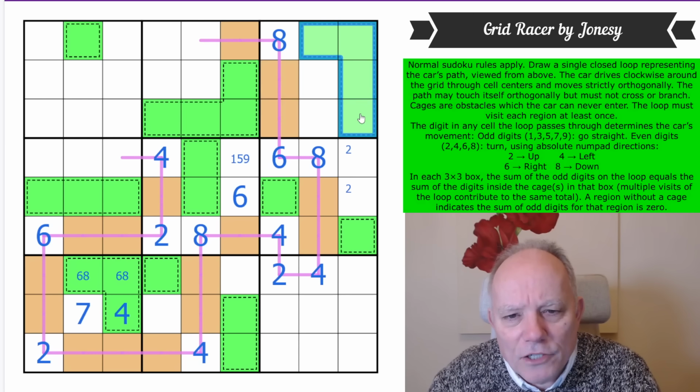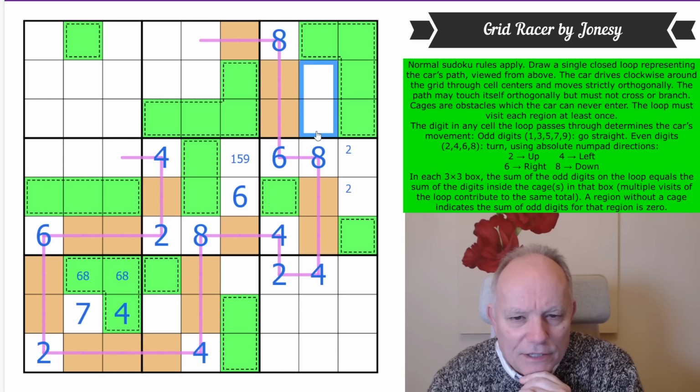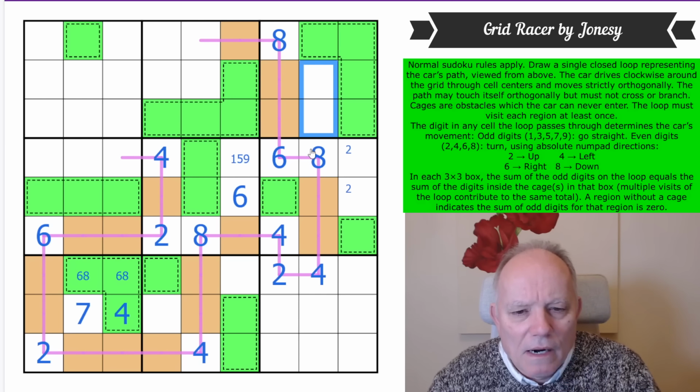So this pair is going to be an odd total, which makes it 1 odd digit and 1 even digit. And actually that doesn't really help. Okay. 4 and 8 by sudoku are going to get forced into this cage.